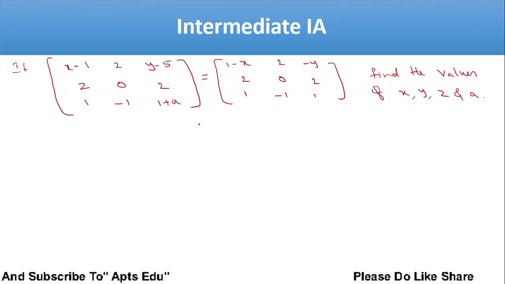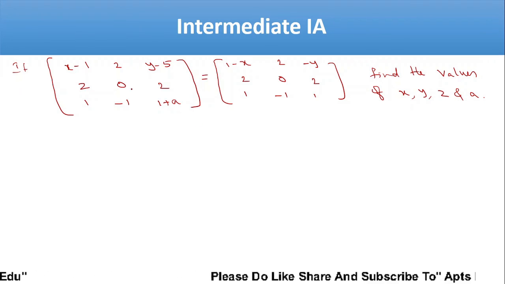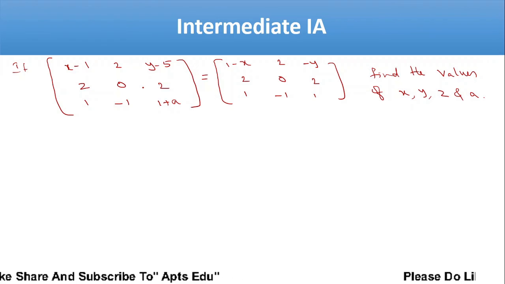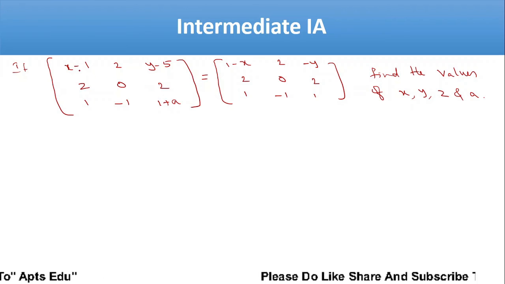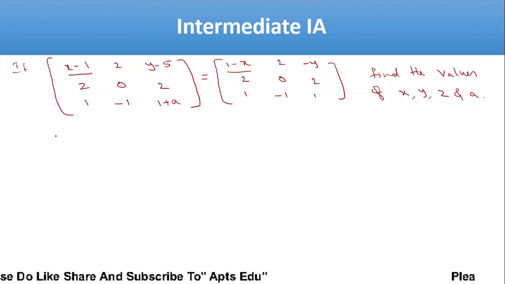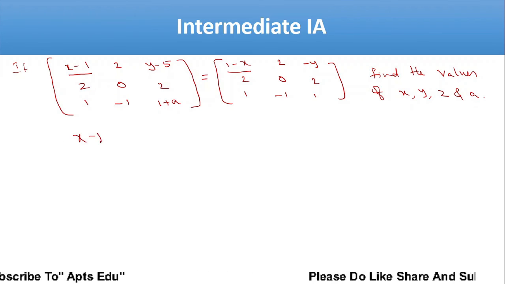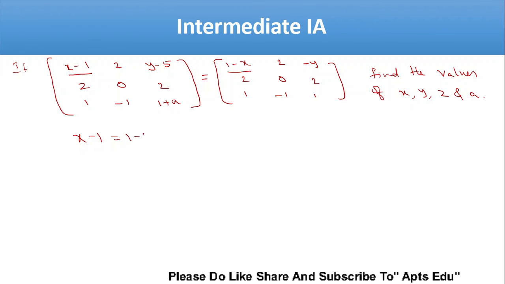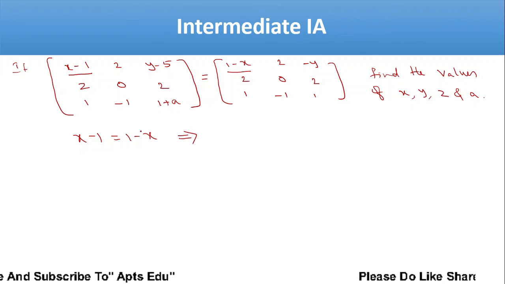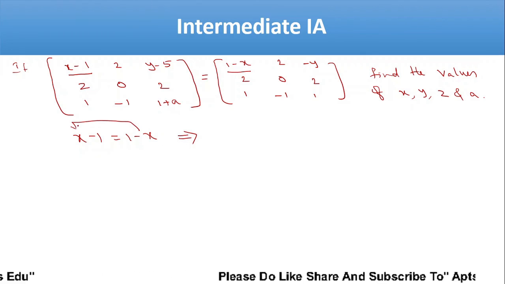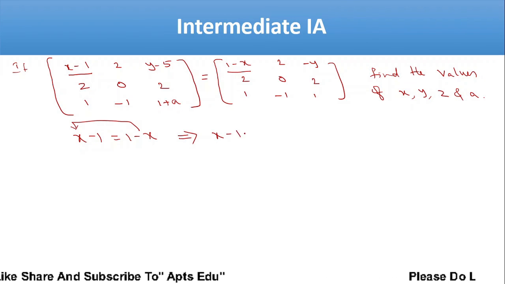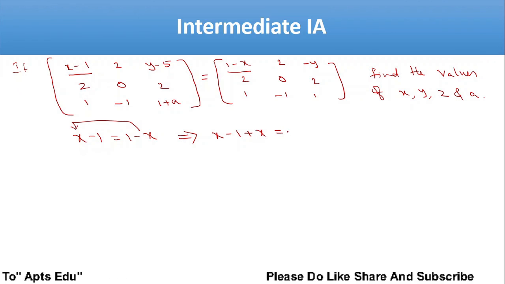Just now I said A matrix is equal to B matrix if and only if their corresponding elements are equal. This element is equal to this. So x minus 1 is equal to 1 minus x. If I take minus x to this side, x minus 1 plus x equal to 1.